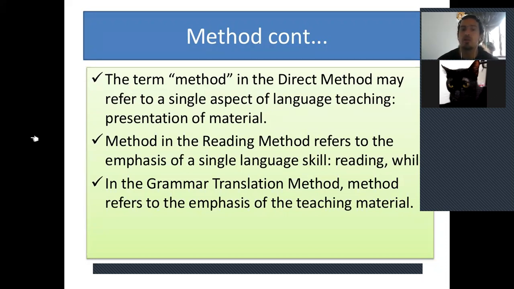Then we have the reading method that is going to be just emphasized on reading, right? So you're going to read, and as much as you read, you're going to produce, but the pronunciation is not going to be the most important issue. Then we have the grammar translation method, right? So what is going to be just the objective right here? To learn grammar, to learn vocabulary in order to learn how to translate. And after doing the translation, you're going to get to know the language, period.